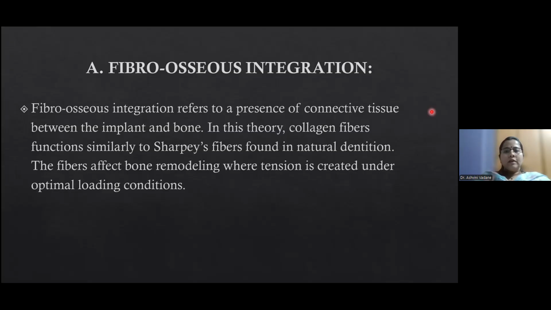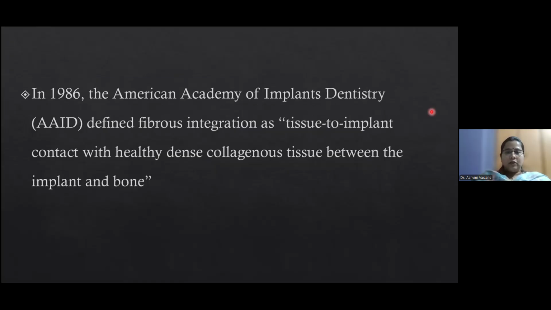According to the fibro-osseous integration concept, there is connective tissue between the implant and bone, and the collagen fibers function similarly to Sharpey's fibers found in natural teeth. The fibers affect bone remodeling where tension is created under optimal loading conditions. So this is the fibro-osseous integration.